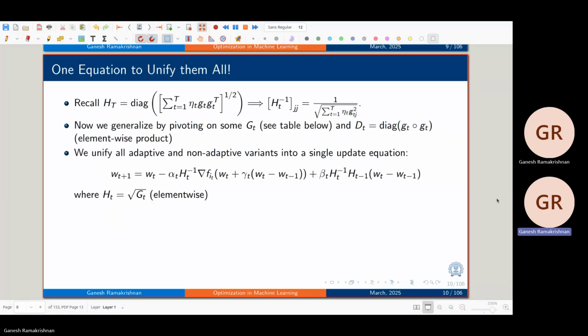So the modifications are as follows. I'm going to erase this or make some space rather. So the modifications are largely here, the beta T and the alpha T part.